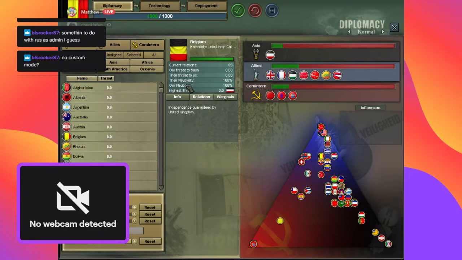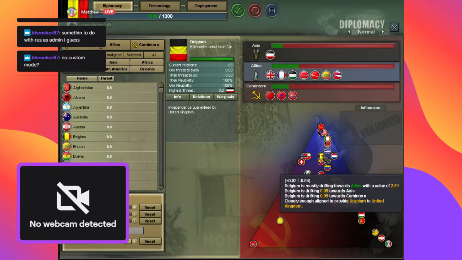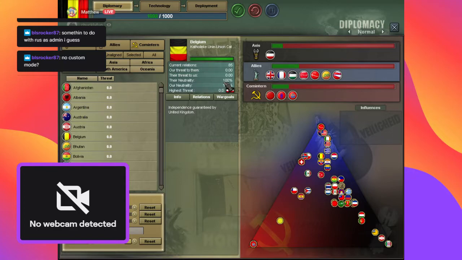So how it works: as you see, there's diplomacy, technology, and development, and you get a certain amount of points for each one to mess around with. Because my neutrality is, oh okay, it's actually 100%. So I can use all my points to decrease it to 71%, which means that I can join the Allies a little sooner.